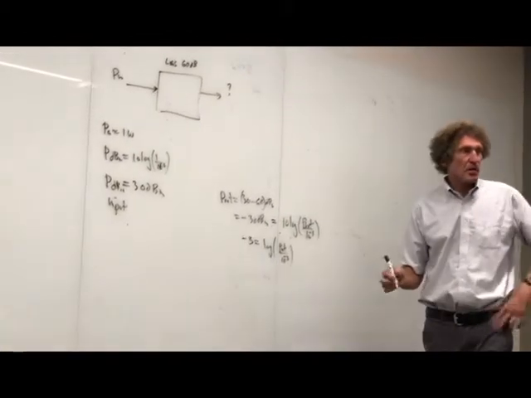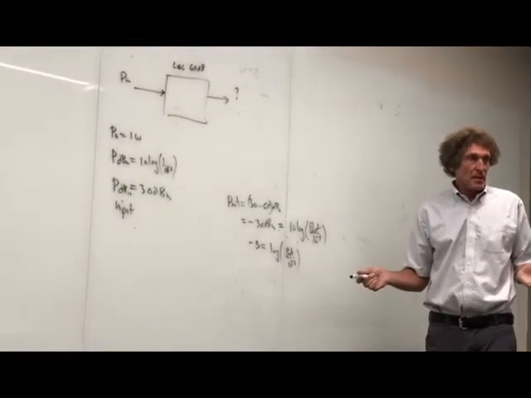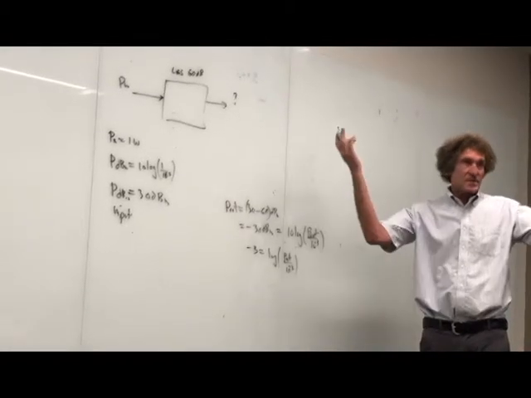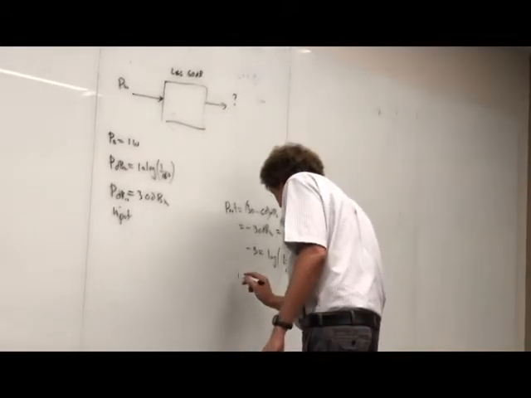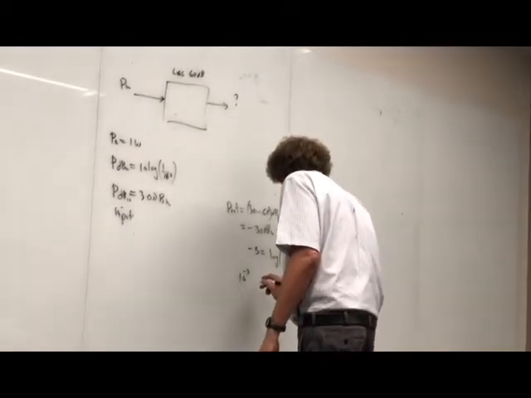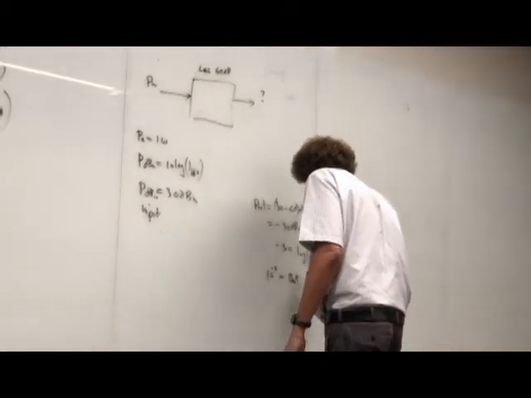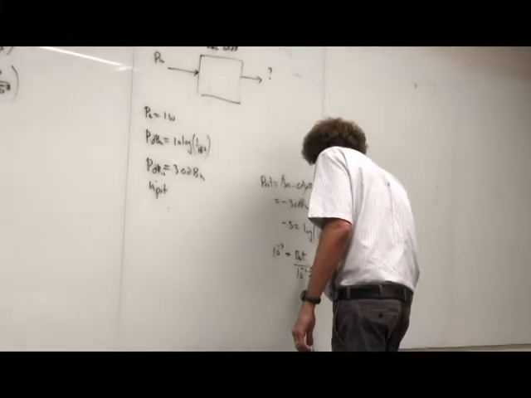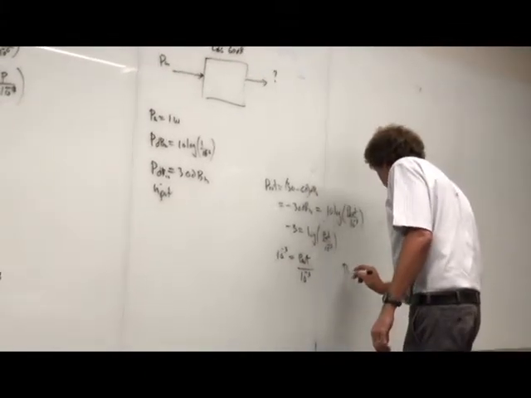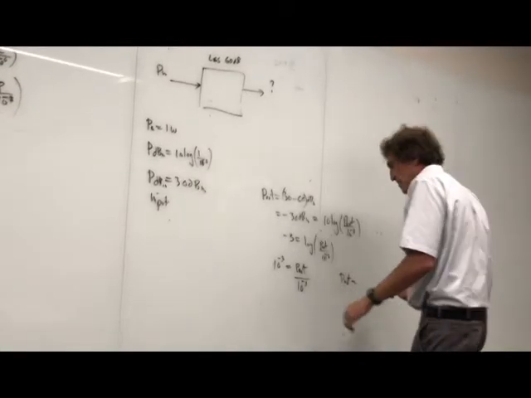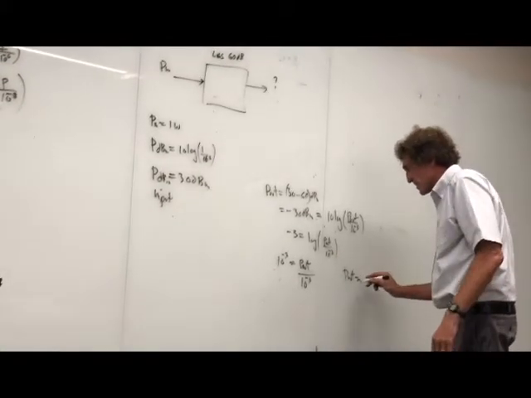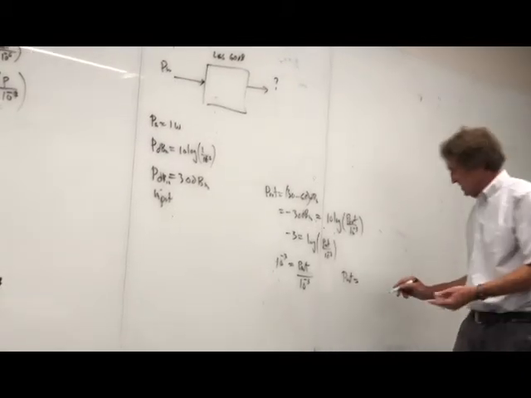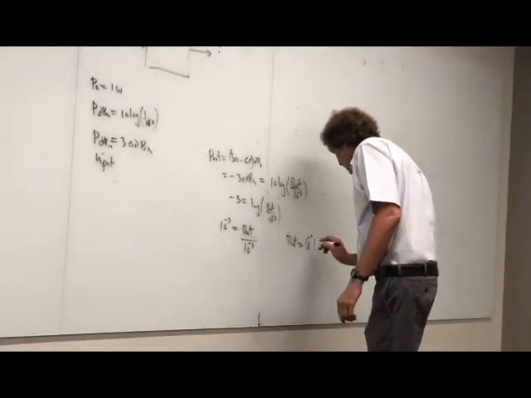How do I get rid of the log, people? Take both sides, raise 10 to that power. So now I have 10 to the minus 3 equal to P out divided by 10 to the minus 3. Or really, what is my P out? Multiply both sides by 10 to the minus 3. What do we get? 10 to the minus 6. That's right, 10 to the minus 6 watts.